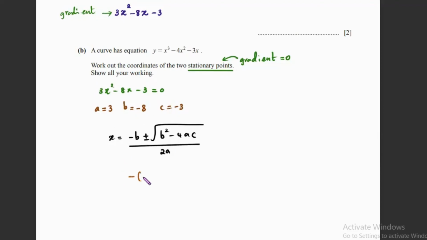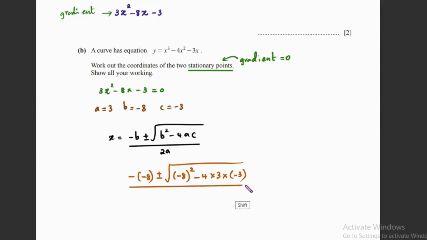I have minus 8, which is a plus 8, but I'm going to write it the same way like that. And b is again -8, so I'm going to put the brackets when I have a negative number for b. And then minus 4 times the value of a, which is 3, times the value of c, which is -3. I may skip the brackets here. That wouldn't be a problem. But definitely this bracket for the negative b is very, very important. We have to put it, if not, it can confuse you. Then 2 times the value of a, which is 3.